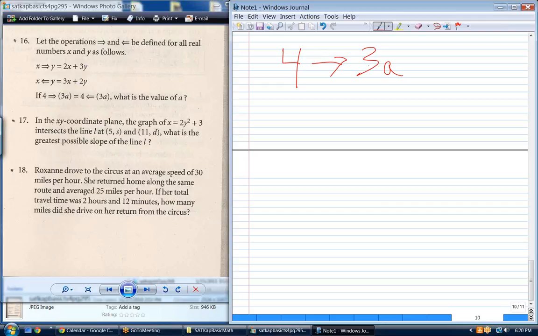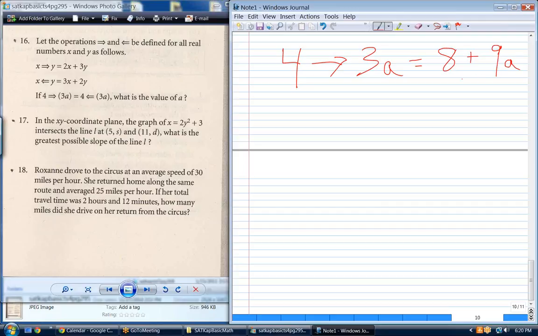So 4 arrow 3a: I substitute 4 for x, so that's 8 plus, substituting 3a for y, 9a. That's what 4 arrow 3a is equal to, 8 plus 9a.